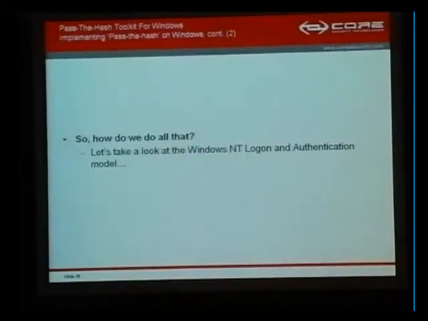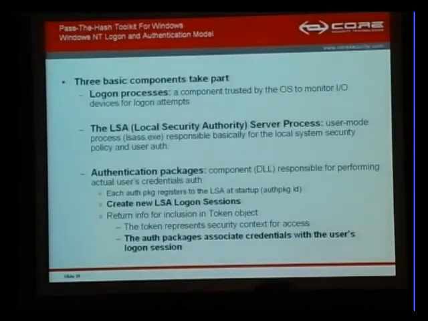So basically, how do we go about implementing this on Windows? We have to take a look at how the Windows NT logon and authentication model works. There are basically three main components. These are the logon processes, system components that monitor I/O devices for logon attempts.